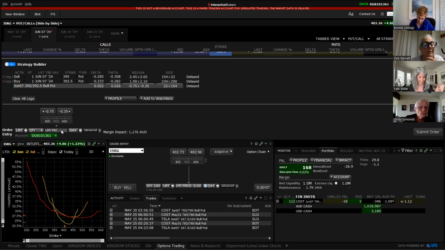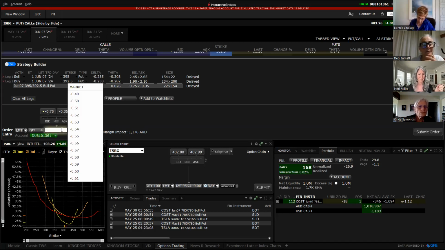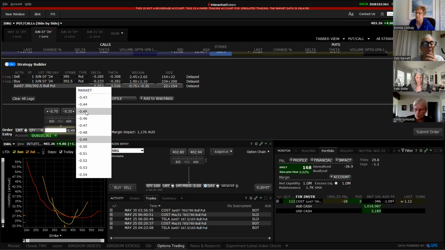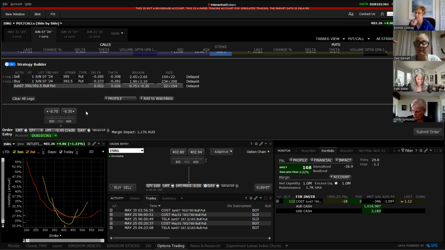For the limit price, this is where I've got to put in 45 cents, which we got from taking the bid and the ask price and getting the difference between them. That's what we wrote down before.